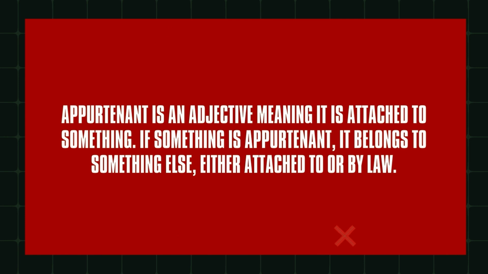Appurtenant describes something that is connected or belongs to another thing, either physically attached or legally bound. It's an adjective that highlights the relationship between two connected elements. For instance, a fancy chandelier or a still water tank. Things that are installed onto the property and will remain even if the property gets sold.